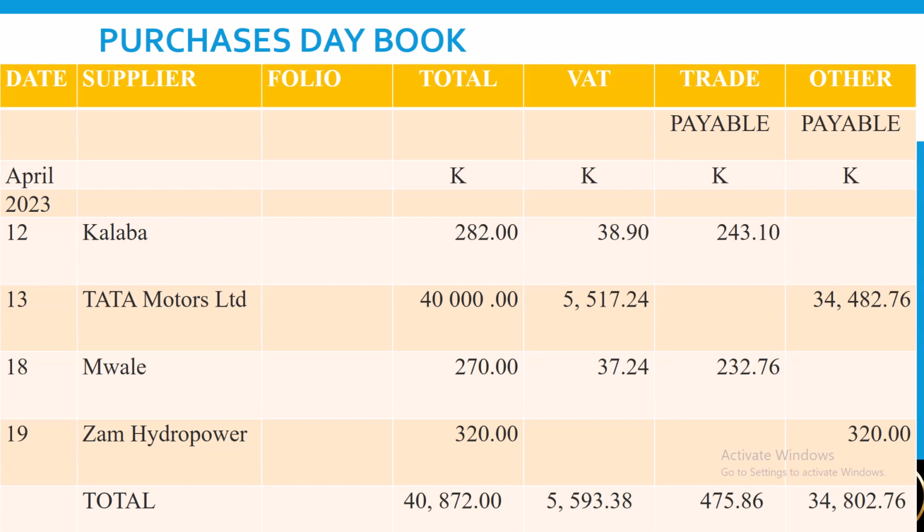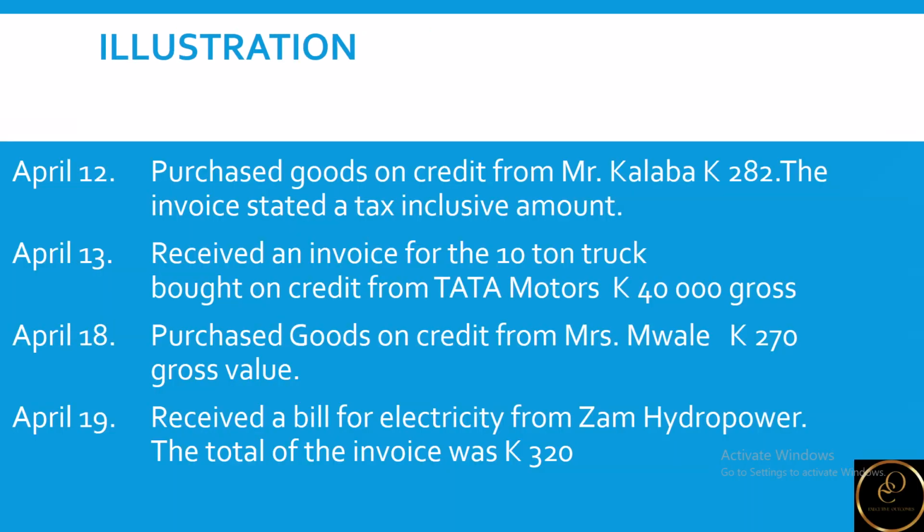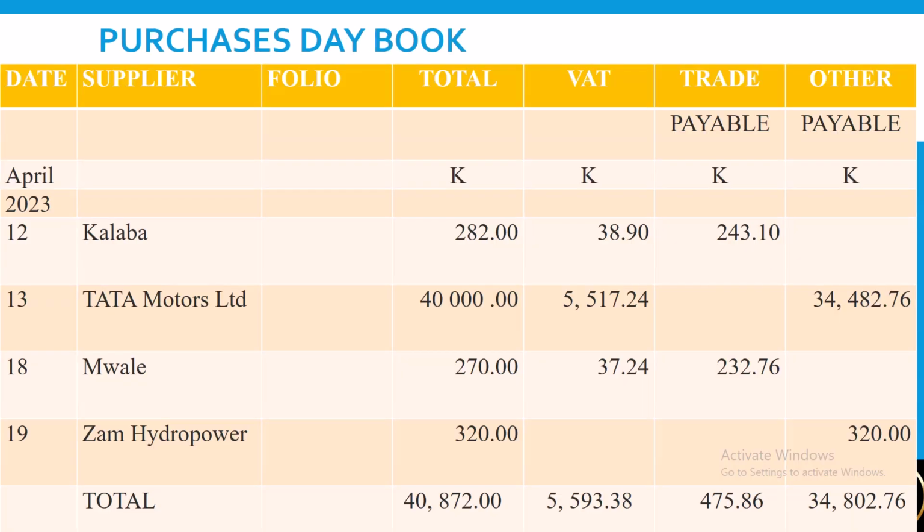We also have the next transaction, which took place on April 13, where we received an invoice for a 10-ton truck bought on credit from Tata Motors for 40,000 gross. So again, we have 40,000 kwacha under total since it's a gross amount. So what is the VAT component in it? Again, you apply the VAT fraction.